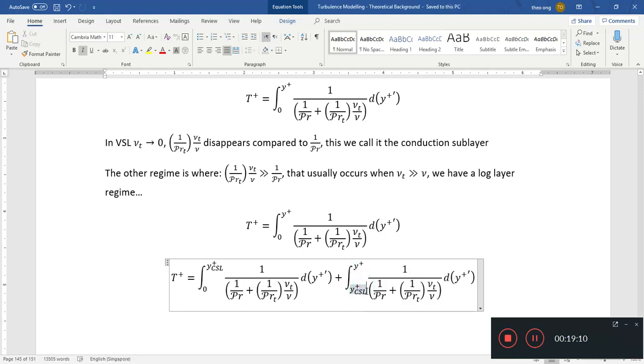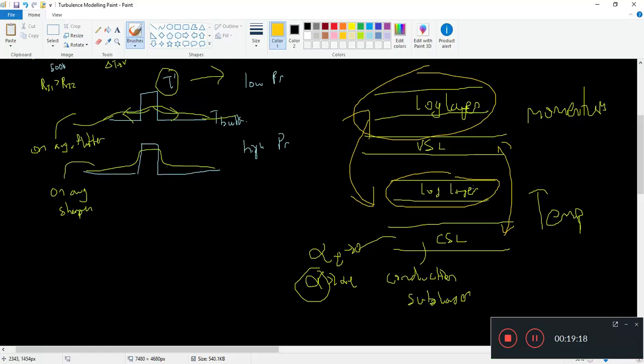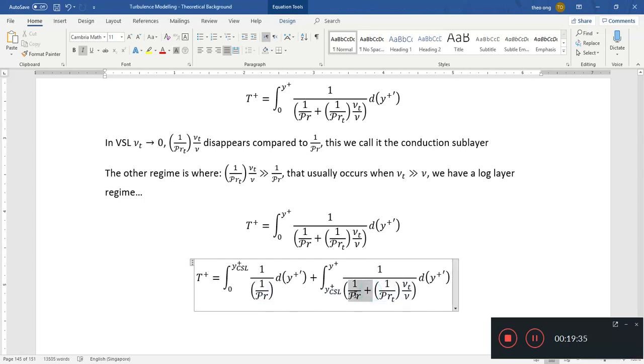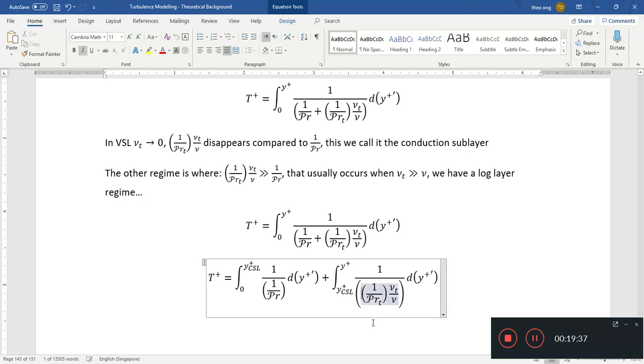This is a patchy way of thinking of the boundary layer. Of course, we ignore the buffer layer, which in reality there is, but this is just a mathematical model to help us simplify and make sense of things. So in the conduction sublayer, this term disappears. In the log layer region, this term over here disappears.